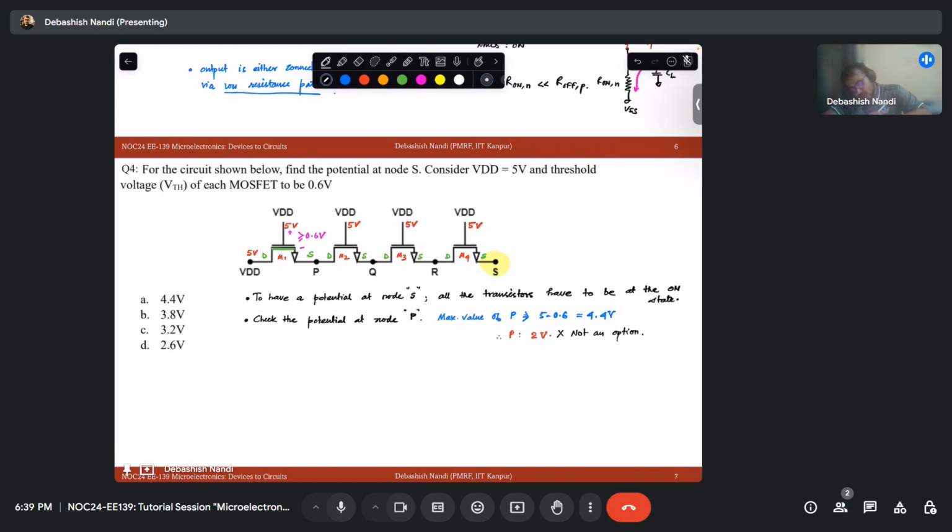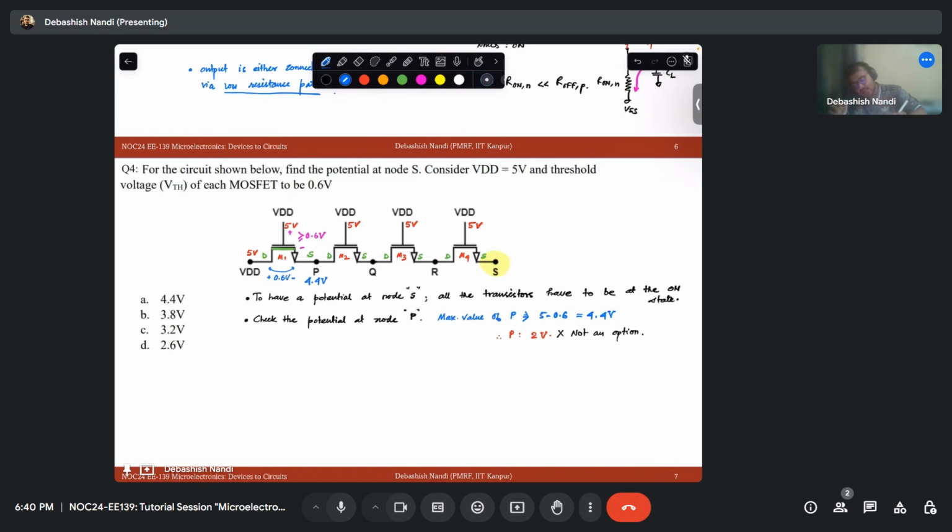Okay. So now my P node has a value of 4.4 volt. Okay. And what about this drop? This 0.6 volt is dropped across the channel, or the on resistance of the MOSFET M1.